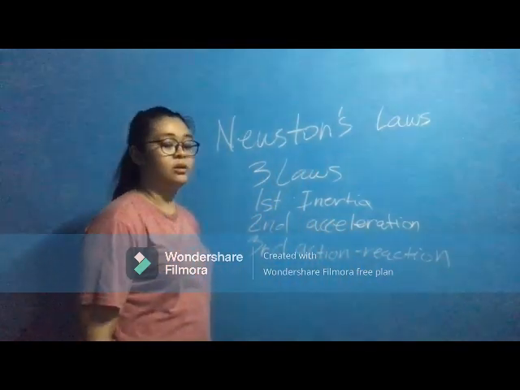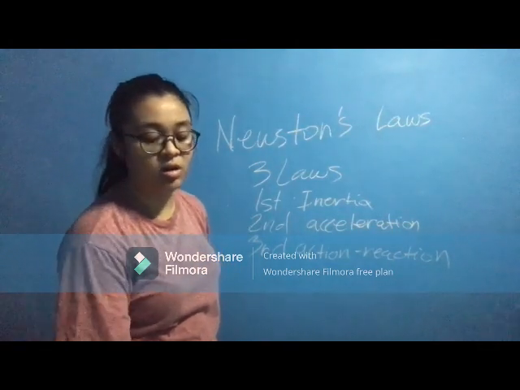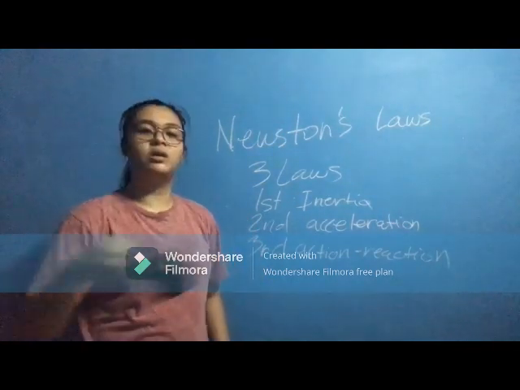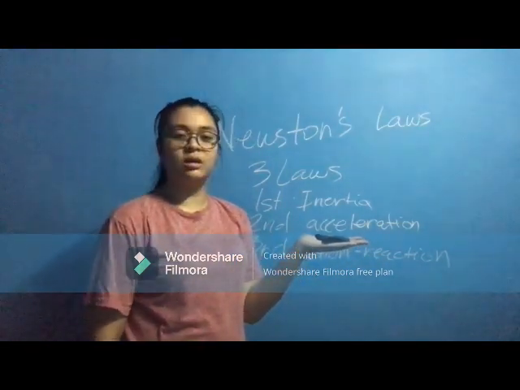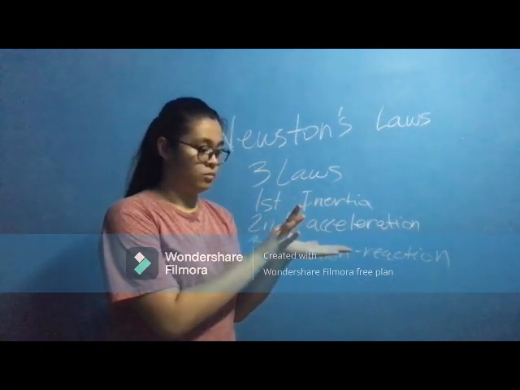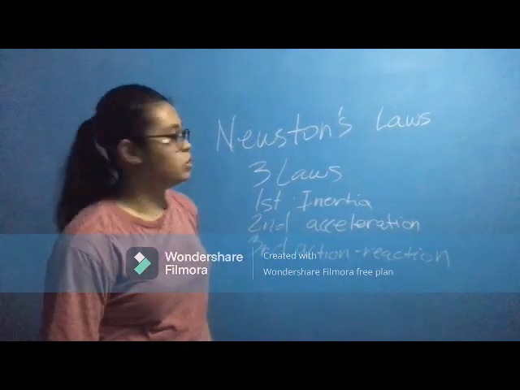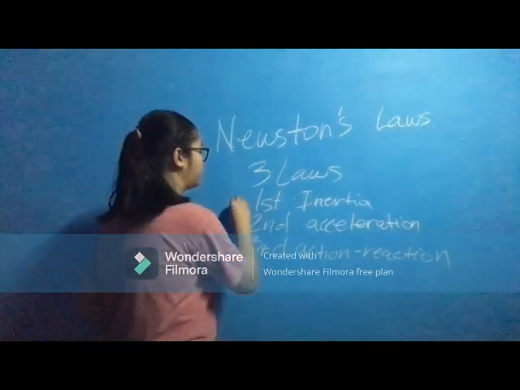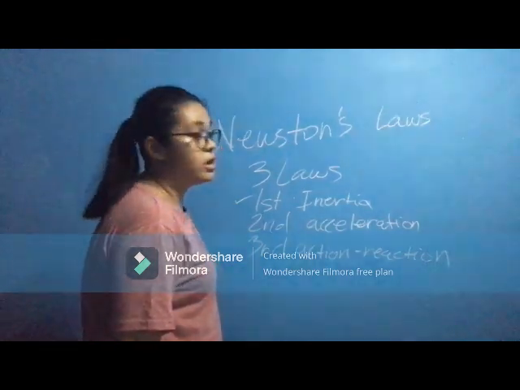First, the law of inertia. This states that an object would be at rest unless an external force acts upon it. Let's use this as an example. A wallet. This wallet rests at my hand, but if I put a force, as you can see, it fell. So that concludes it did move because of an external force. Second law of acceleration.